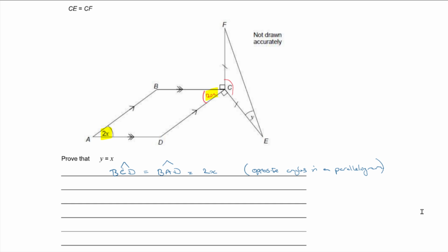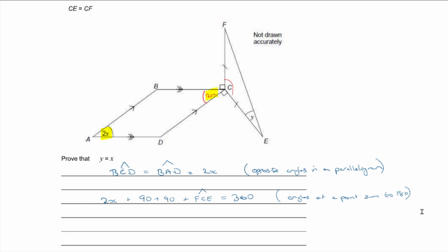So I can say that 2x plus the two 90 degrees plus my angle, what's that, F, shouldn't really have put that blue thing in the way, so my angle FCE equals 360, and that's because of angles at a point sum to 360.